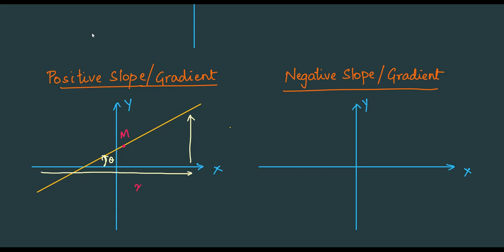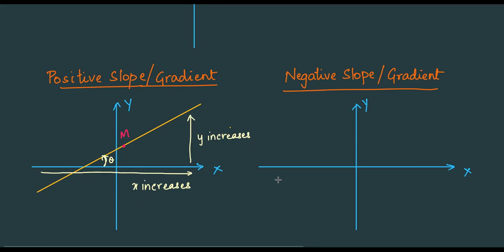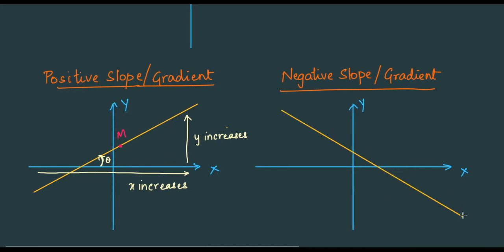That is called the positive gradient. X increases, y also increases. So this is what is meant by positive gradient or positive slope. Now, what do you mean by a negative gradient? A negative gradient is like this, where you have an obtuse inclination.